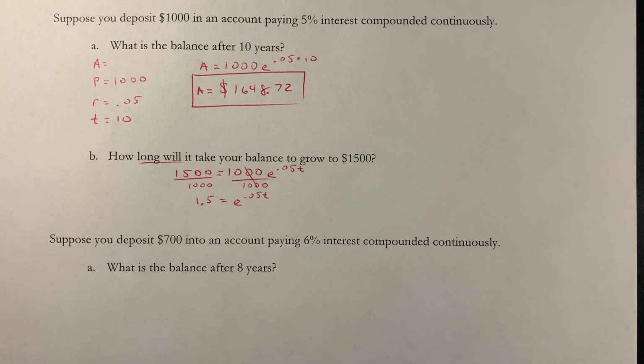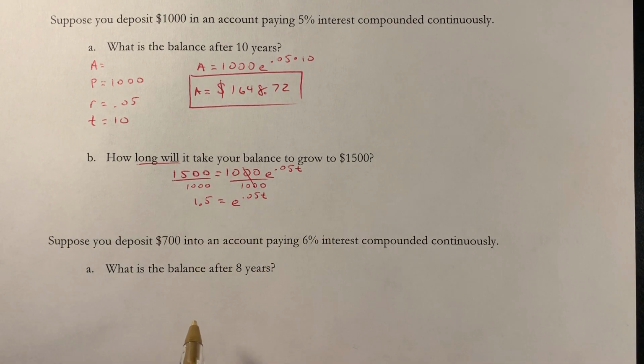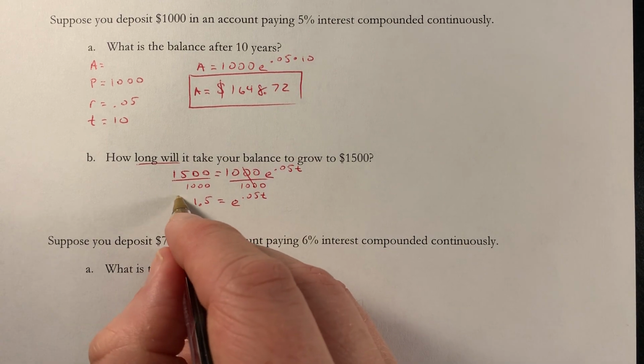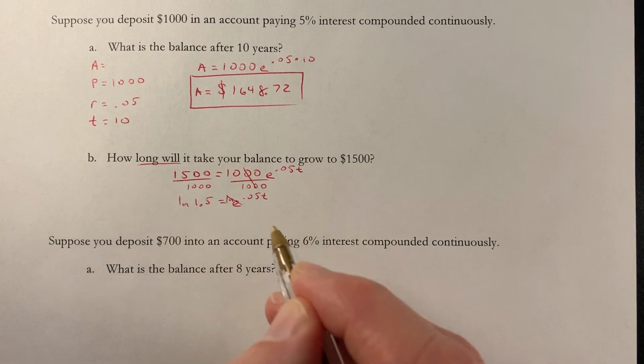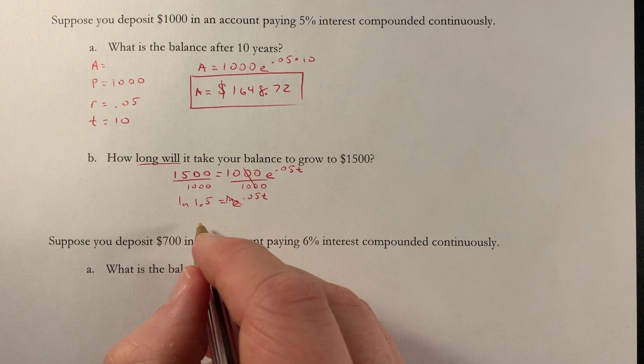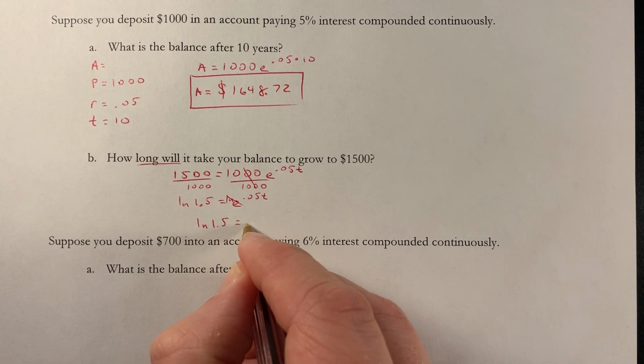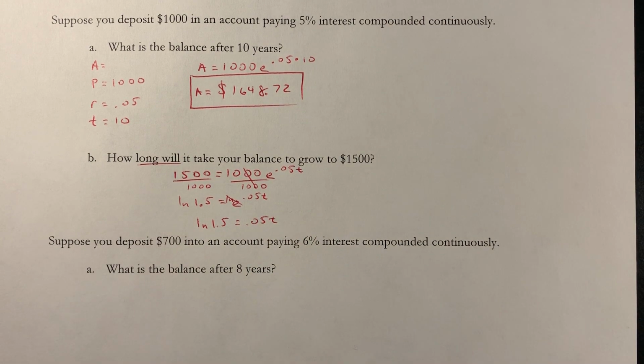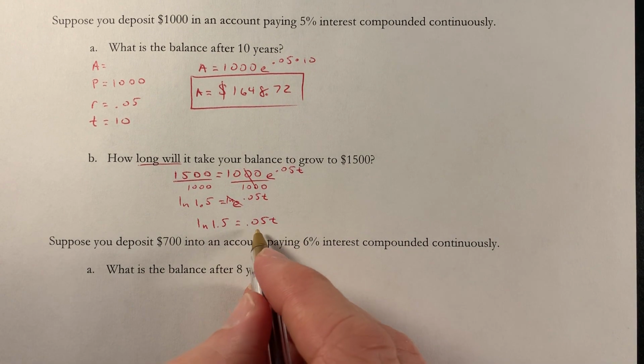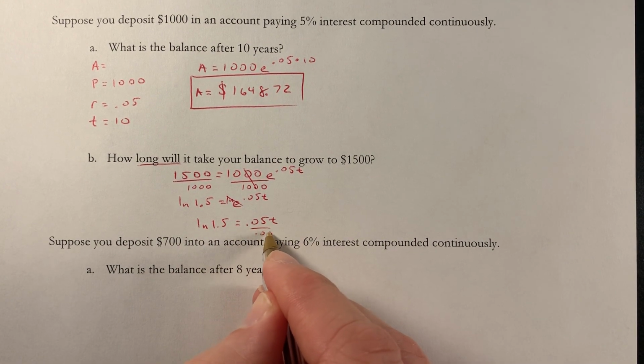Okay, now we want to get e out of here so we can solve for t. We're going to do natural log on both sides to cancel out that e. So we get natural log 1.5 equals 0.05 times t. And then we will divide both sides by 0.05.